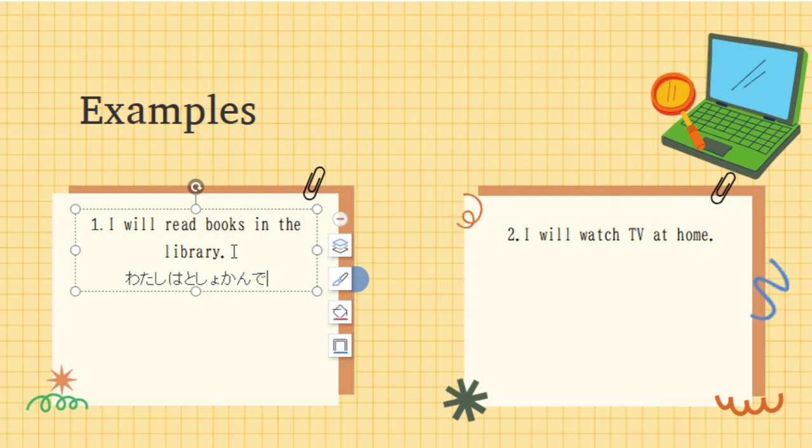So yung tinuturo ng ating verb is yung library, place where the event took place. So toshokan de, and the book is the hon wo. Ang read natin is yomimasu. So that is watashi wa toshokan de hon wo yomimasu. So I will read books in the library.